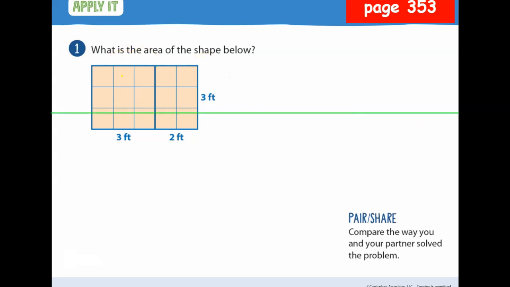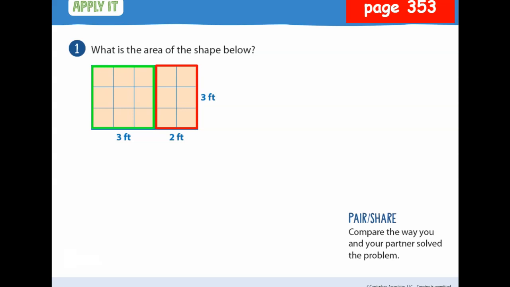So I mean, you'll find the area for this one right here, find the area for that one, and then find the area for this one, and then add the areas together. That's one strategy. The other strategy for this one in particular is just counting all the squares. Okay, so do it both ways.